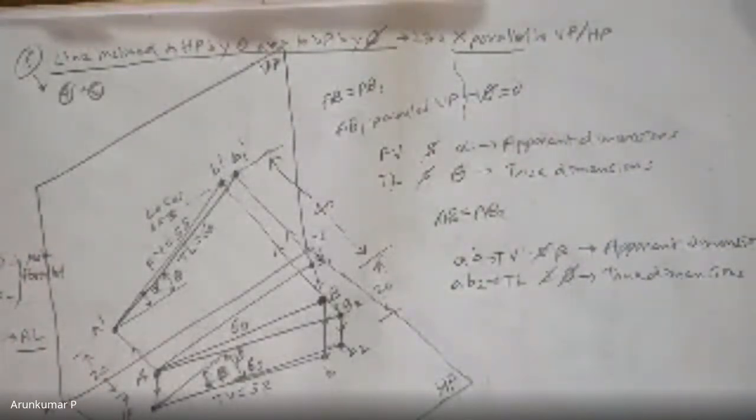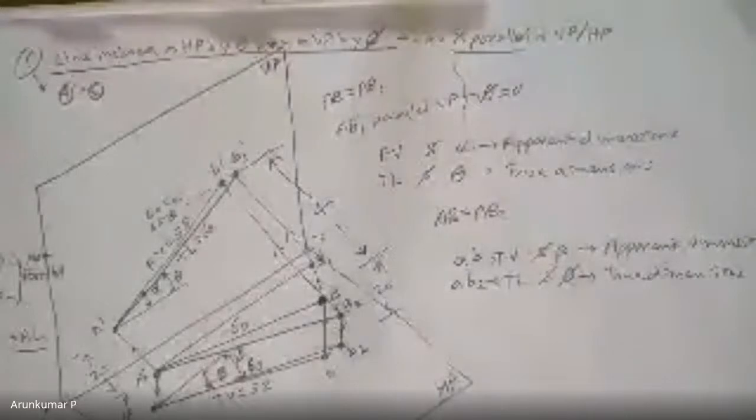Whenever a line is made parallel to a plane, you will get the true length of that line on that plane. Point number two, when a line is not parallel to a plane, it is inclined to a plane by some angle, theta, phi, whatever, then you will get the apparent length of that line on that plane. That is what you have seen in all these cases.